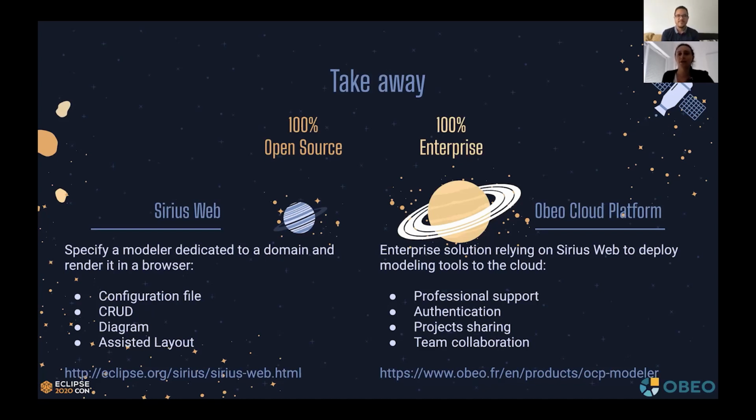On another end, you have the capability to use the OBO Cloud Platform. It is built as an open core product relying on Sirius Web. It will help your company to deploy professional online modeling solutions. And we will offer through OBO Cloud Platform a Sirius Web build extended with enterprise-grade features to deploy on public, private clouds or on-premise, and including support and upgrade guarantees.